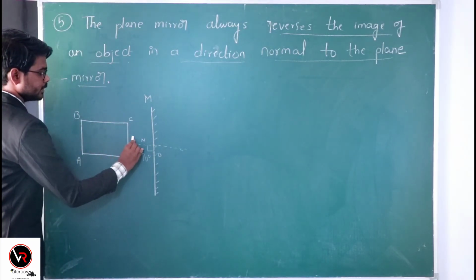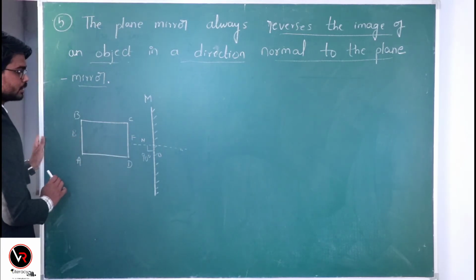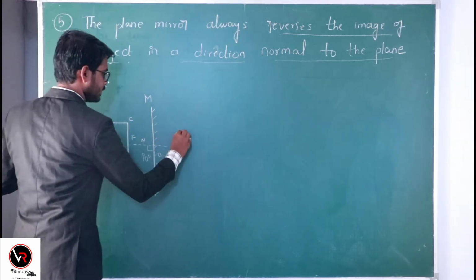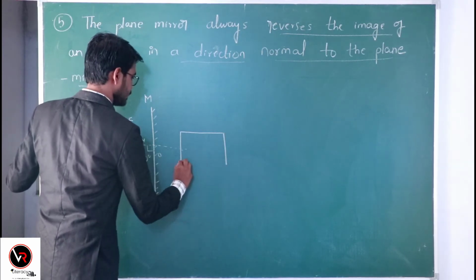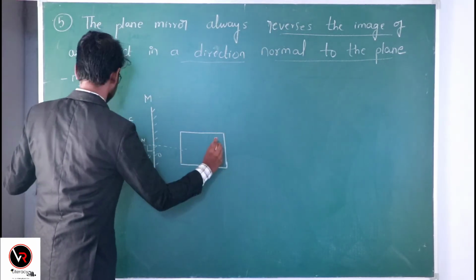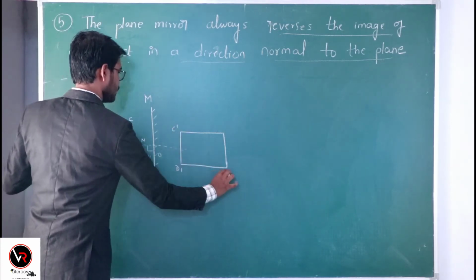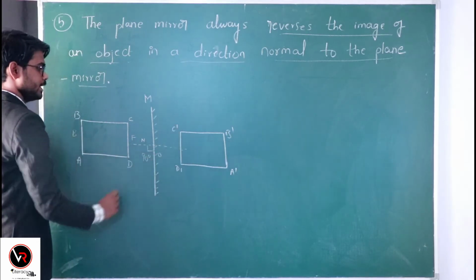This is the front side of the object, this is the back side of the object. So there would be front back inversion like this. A dash, B dash, C dash, D dash.